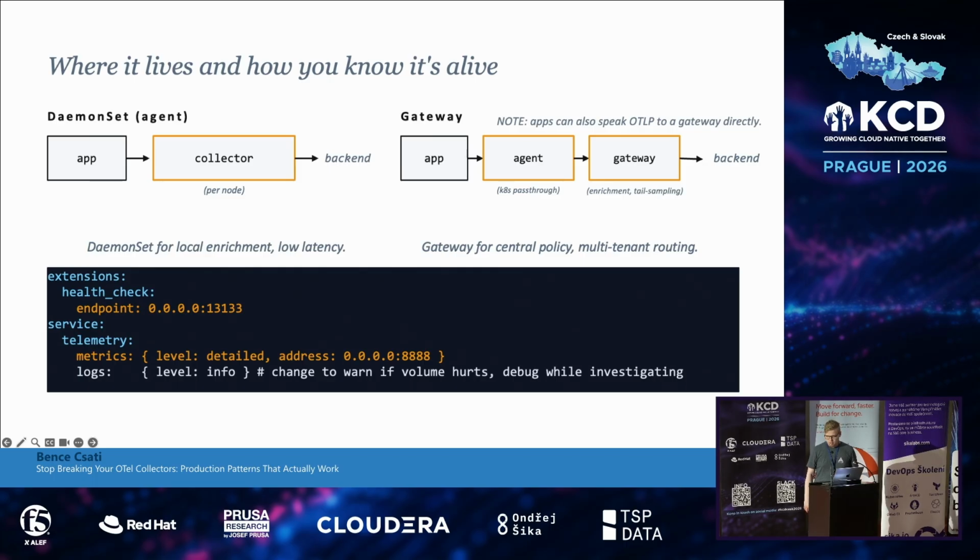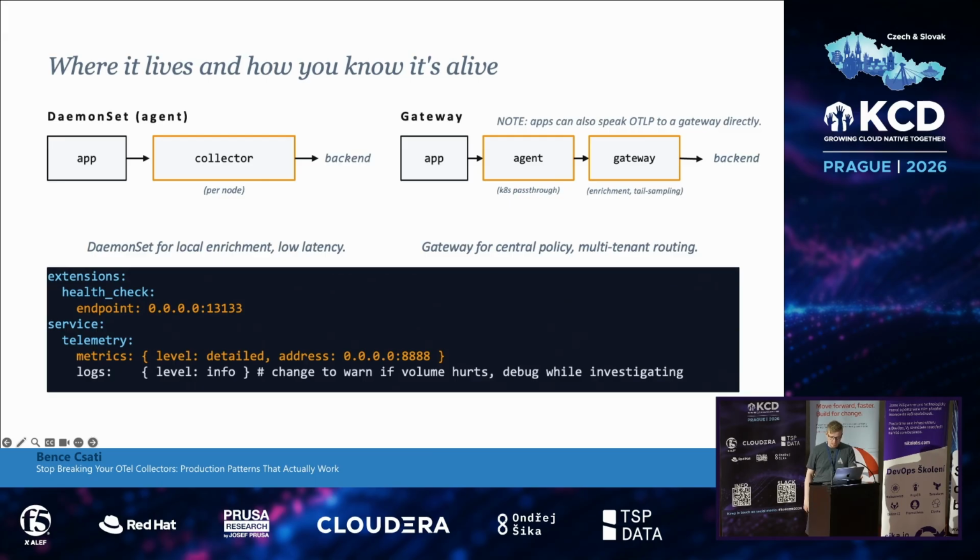So it's really great. And if you enabled the Kubernetes attributes environment variable that I was talking about, each collector will only see its own node traffic. So definitely do that.